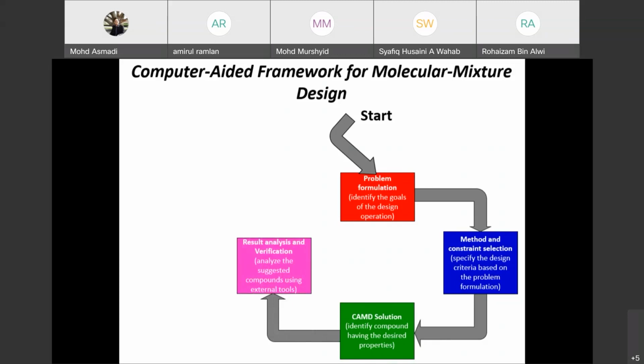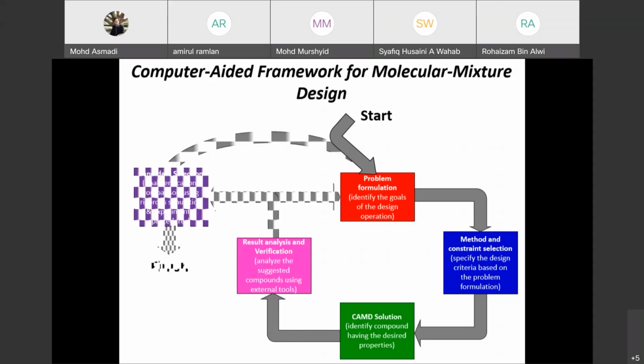This is to further test the candidates after you screen by using the CAMD solution. You will do subsequent analysis to confirm the desired performance. So this one you analyze the suggested compound using external tools. Okay, faham?